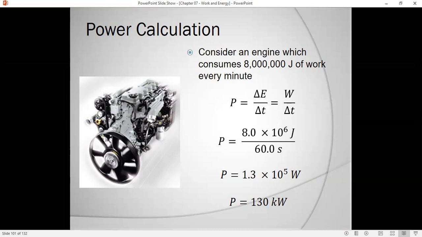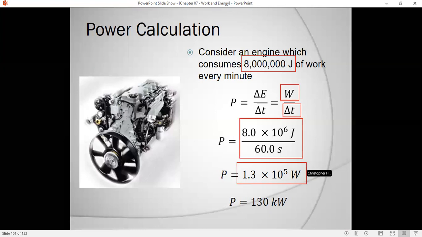All right. Okay, let's do another calculation. Let's consider an engine. This engine consumes 8 million joules of work every minute. So 8 million joules, okay? Every 60 seconds. 8 million divided by 60 is equal to 1.3 times 10 to the 5 watts, okay? 10 to the 5th is 100,000.